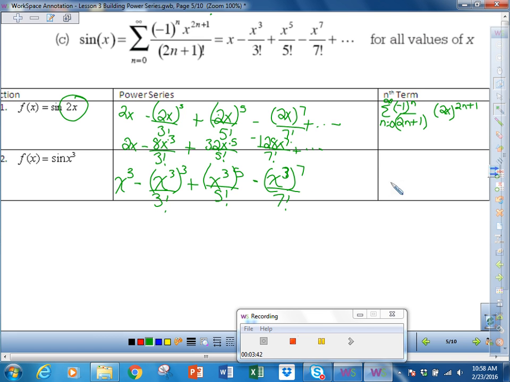And generally they will tell you to write a 5th degree polynomial or write the first 3 terms of this polynomial. So generally you would be told that.